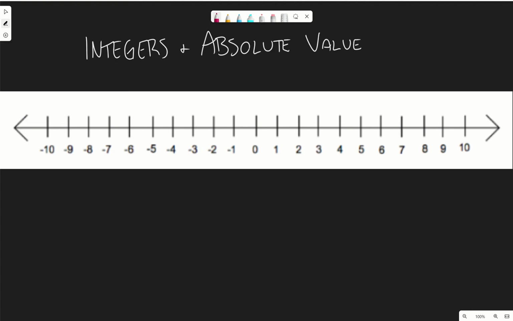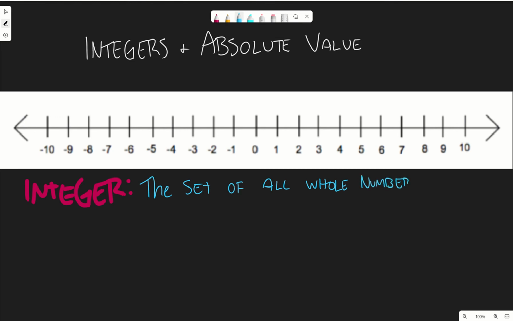Let's get it going. So, integers, the term integer. This means the set of all whole numbers and their opposites.